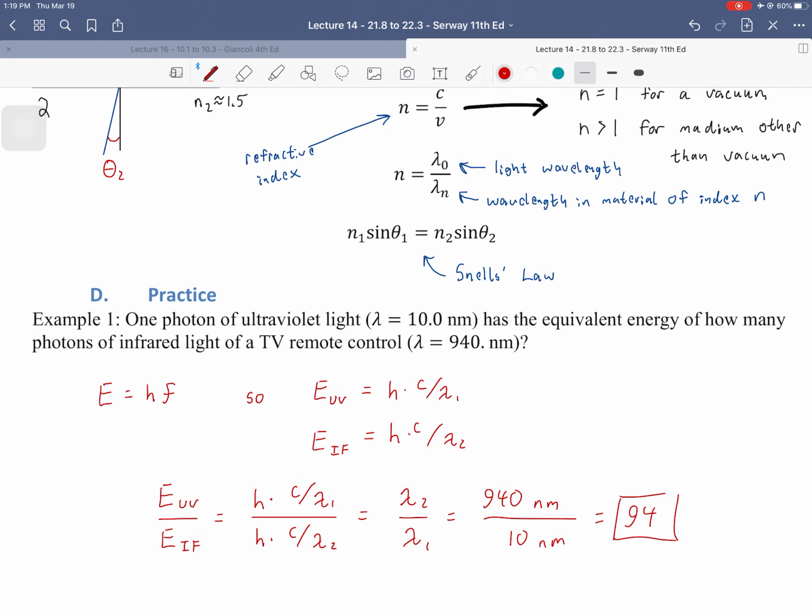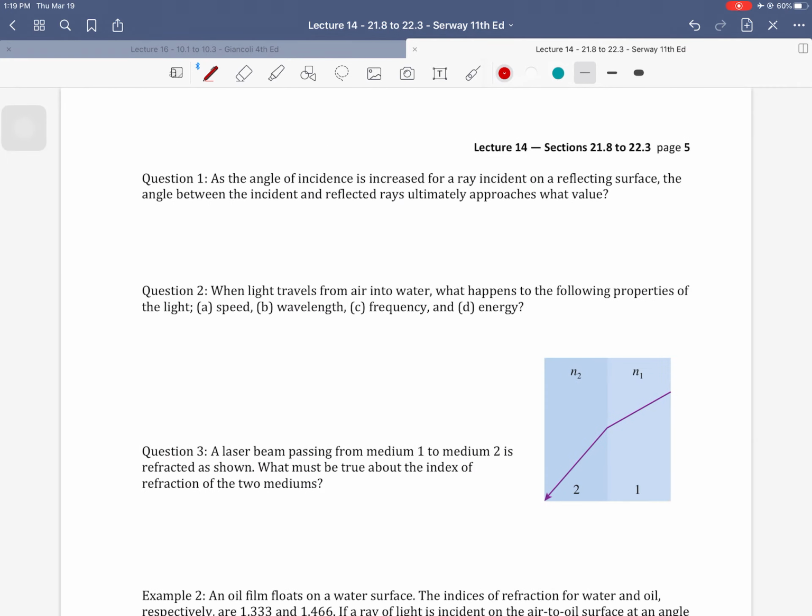So it's 94 times more energy per photon for UV light than infrared light. And you could compare this to, say, visible red light, and you get a value of about 63, so visible red light is 1/63 as high energy per photon as ultraviolet light. Hopefully it makes sense.